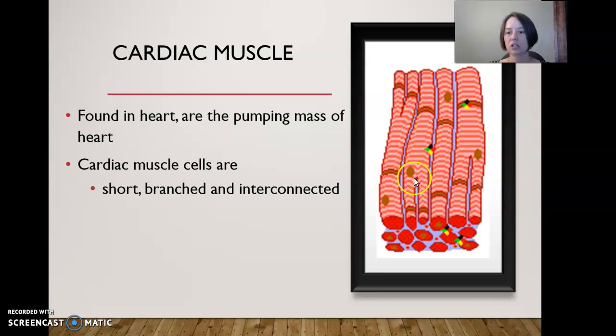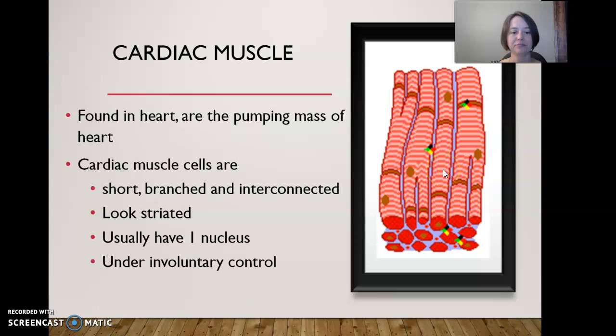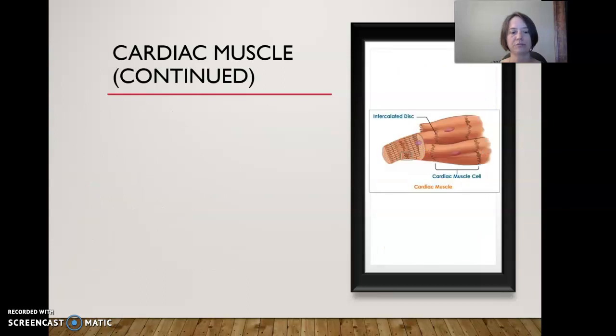You can see that these are shorter than the other two, and then they have these branches. And they look striated, just like the skeletal muscles. They usually have one nucleus, but that's not set in stone. They are under involuntary control. If I said, have your heart beat 5 times right now, you couldn't do it. It's not under voluntary control.